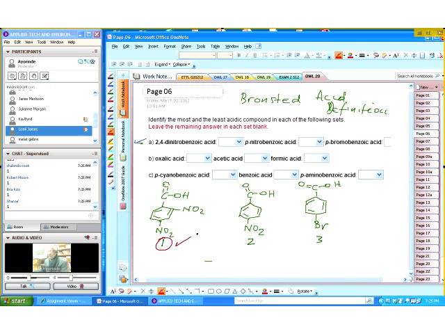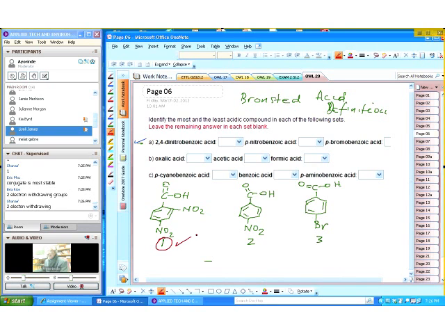Very good. Why will it be the most acidic? Anybody has an idea? Electron withdrawing groups. Okay, because the conjugate base will be stabilized by 2 electron withdrawing groups on the benzene ring.